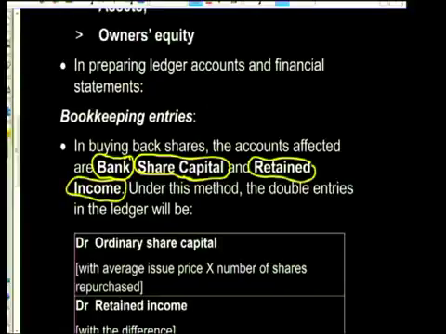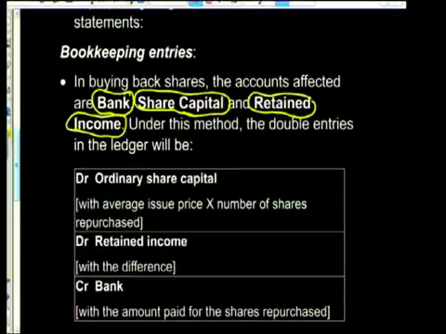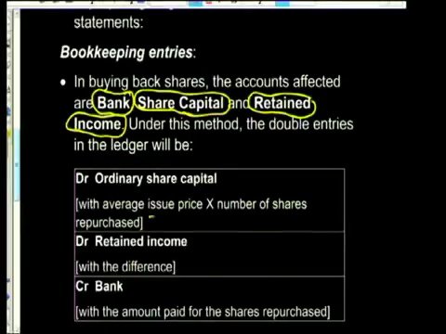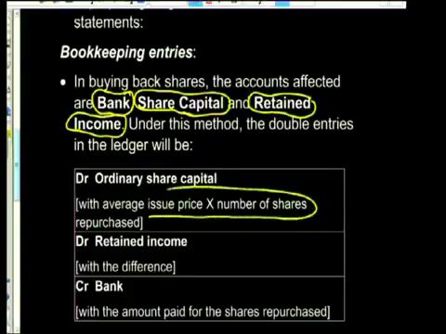So 3 accounts are impacted with this transaction. What are my double entries? Let's look at my double entries. A debit to ordinary share capital. Why am I debiting ordinary share capital? Because my equity is being reduced by what? By the issue price of the number of shares.